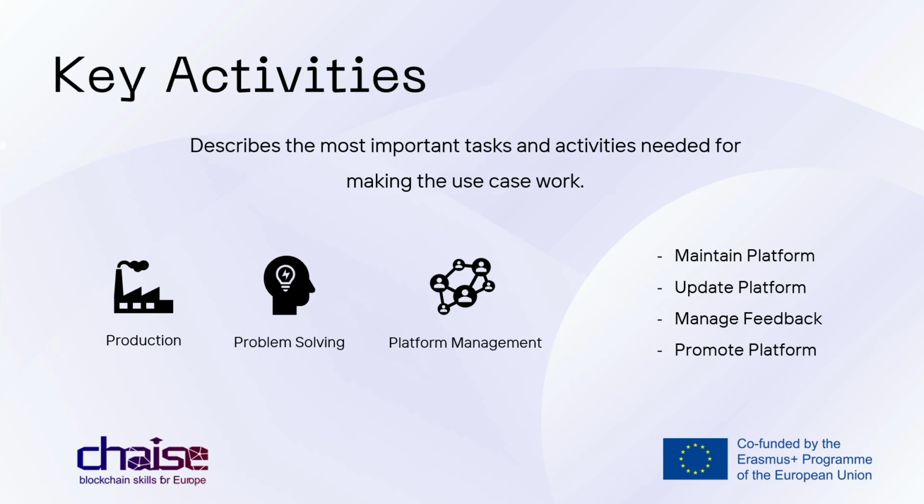And when it comes to digital and blockchain use cases, chances are that the key activity is platform management. If you think of Amazon, they have to maintain their platform. In addition, Amazon also has production. But eBay, for example, Uber, their key activity is platform management, which means they have to maintain the platform so it's stable and it works.